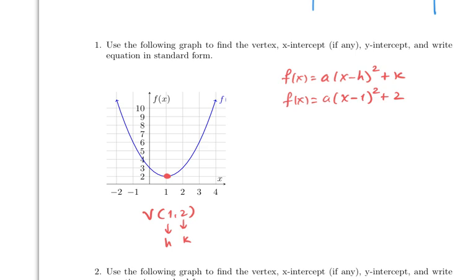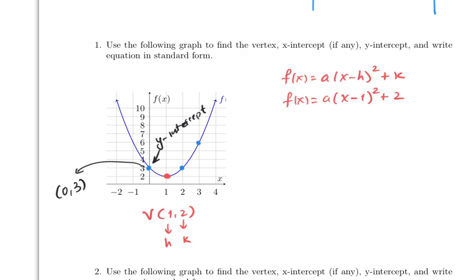To do that, you can use any precise point. Notice this is a precise point, this is a precise point, and so forth. The easiest one to use all the time is the y-intercept, and you always have a y-intercept. Remember, y-intercept means the point where x is 0 and y is 3.